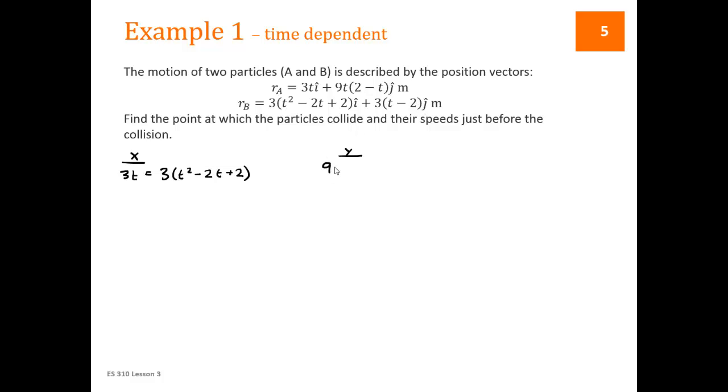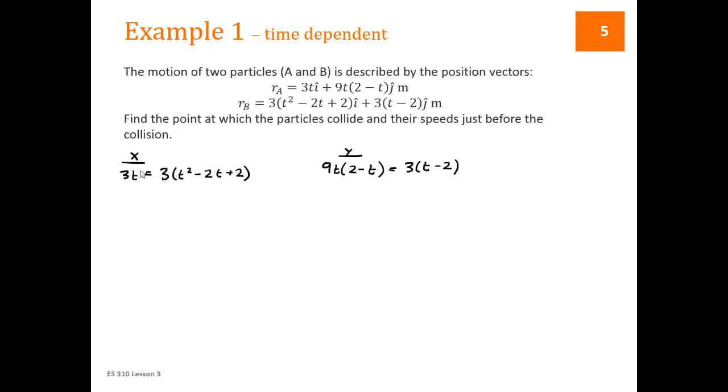So we've got 9t times 2 minus t is going to equal 3 times t minus 2. And both of these equations have to be satisfied if these particles are going to collide. It's very possible that they wouldn't collide, but since we're being asked for it, we're going to assume that they will. So let's solve each of these equations for time.